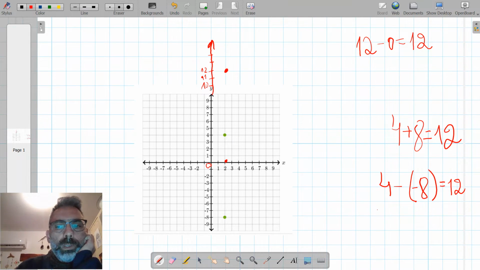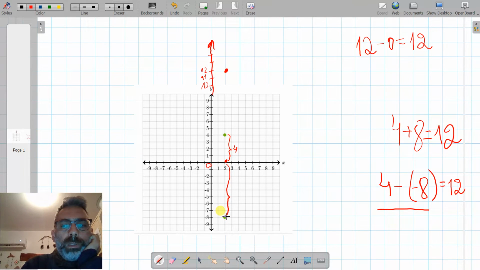So when we subtract a negative number, we basically calculate the distance of the positive number, which is 4, and add to it the distance of the negative number from the 0, which is 8.